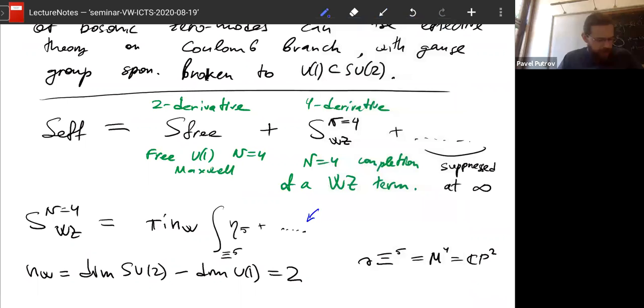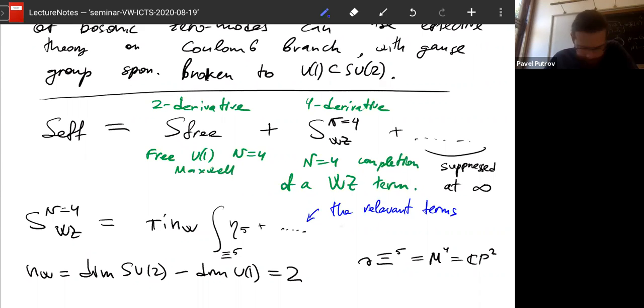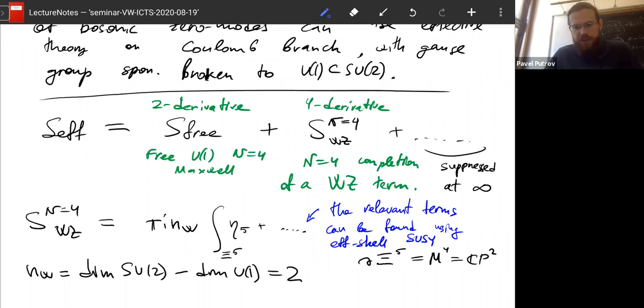The relevant terms in this dot dot dot, the terms which will contribute to the holomorphic anomaly, in particular to this tau bar, can be found using off-shell supersymmetry, where, as I mentioned, one can explicitly write the off-shell supersymmetry transformations for these unbroken supercharges.